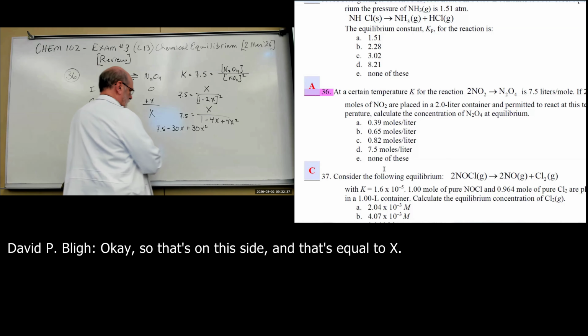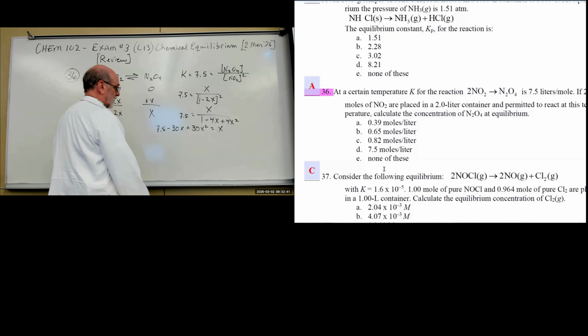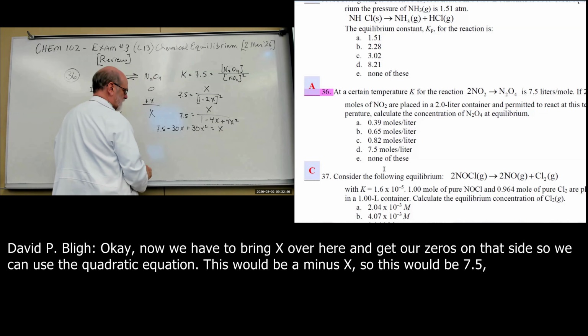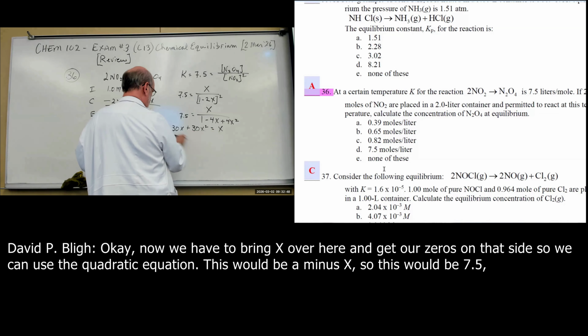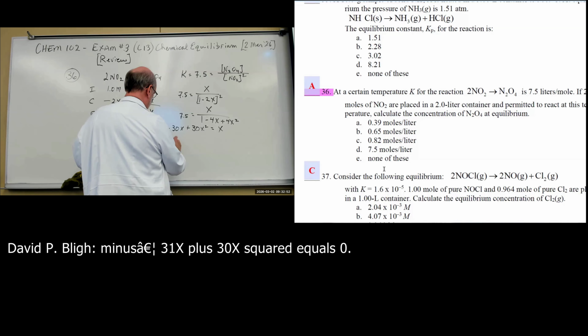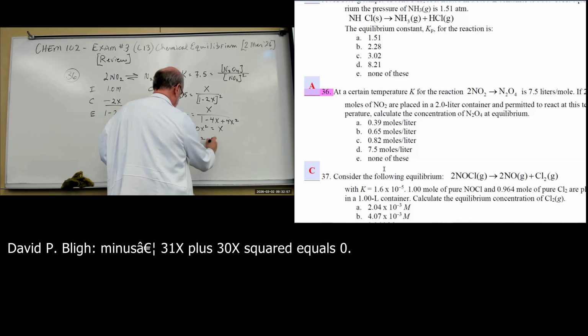Yeah. Okay, so that's on this side. That's equal to X. Okay, now we have to bring X over here and get our zeros on that side so we can use the quadratic equation. This would be a minus X, so this would be 7.5 minus 31X plus 30X squared equals 0.